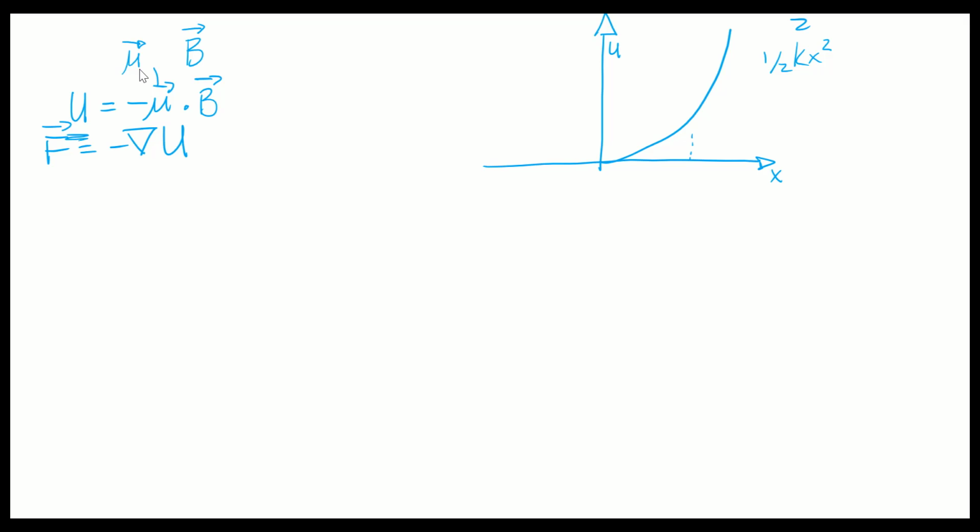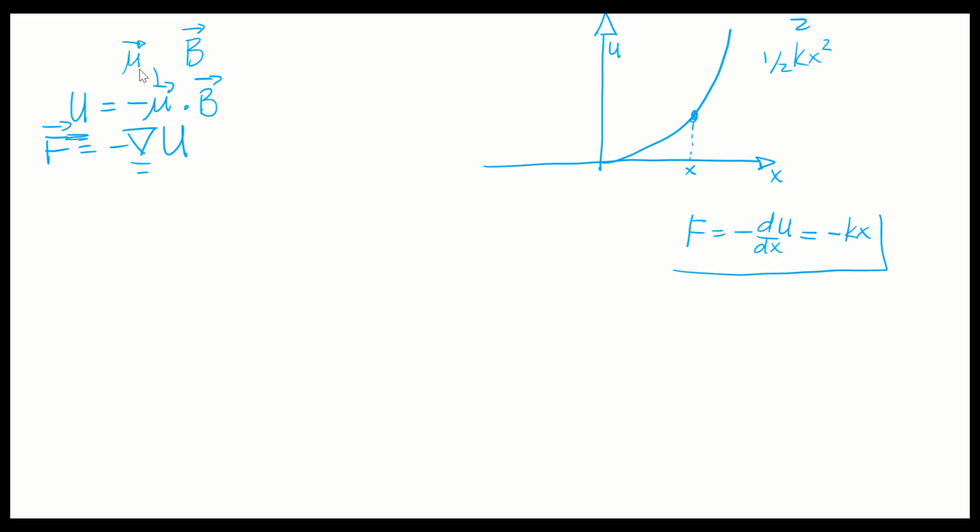If we wanted to know the force at any point x, the force is equal to negative the derivative of that potential energy in one dimension. This derivative is essentially what this gradient means. And this would give us negative kx.